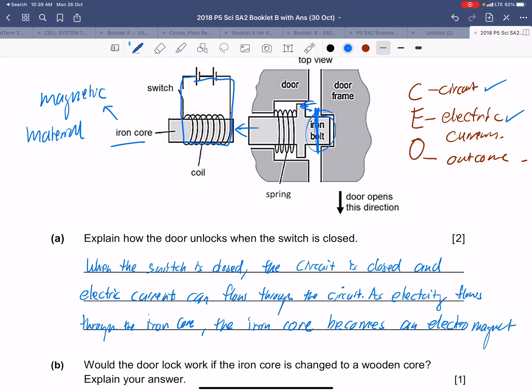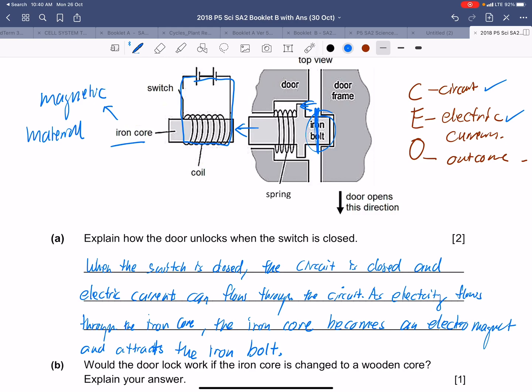That is the first outcome. This electromagnet then attracts the iron bolt. So the whole outcome is over here. When it attracts it, it unlocks the door.